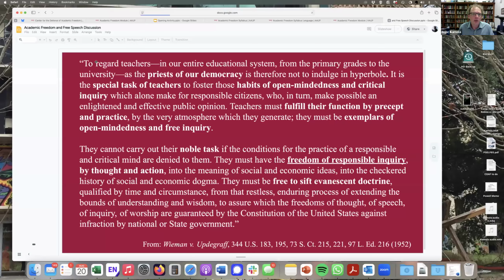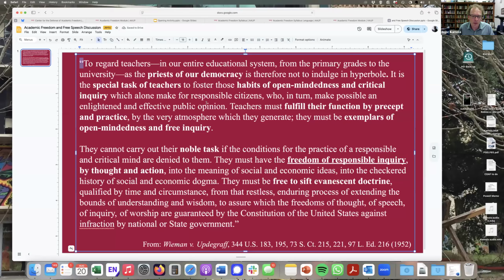What we do is we have this quote from the famous Wieman v. Updegraff, in which Oklahoma had a loyalty oath requirement where they required all faculty to sign a loyalty oath.